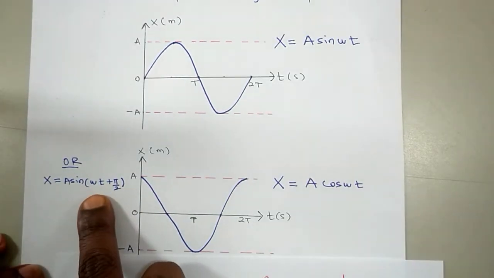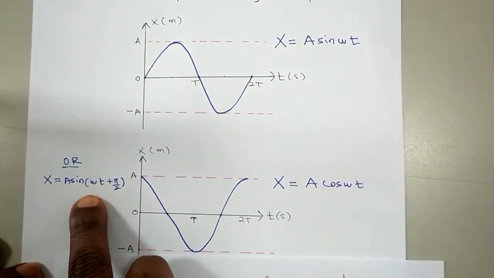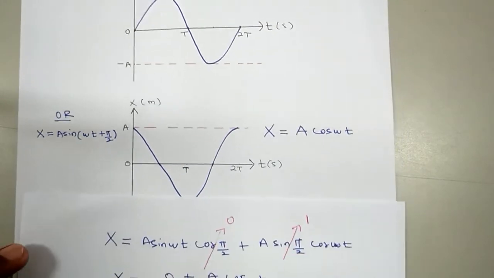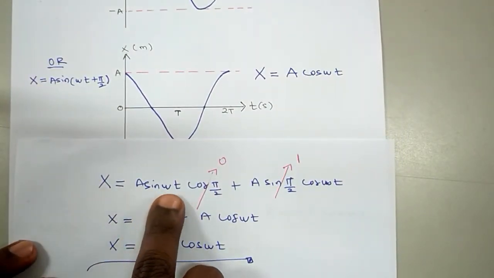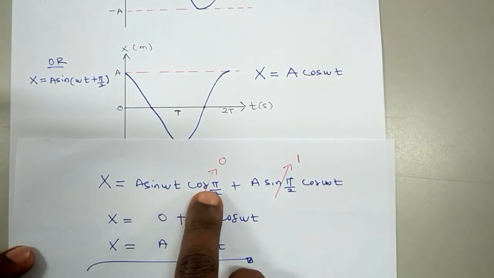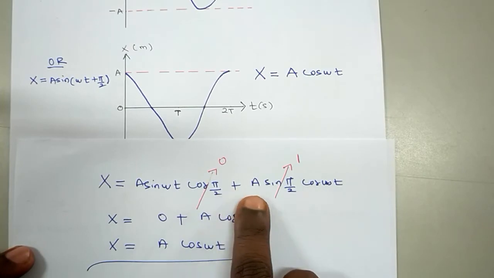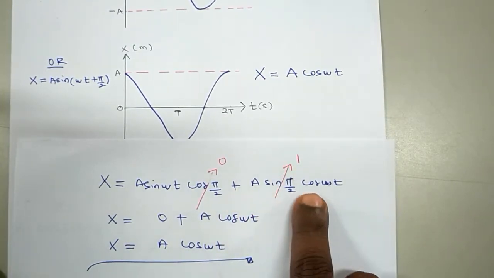When you expand this mathematically using the concept of trigonometry, x equals a sin omega t cos pi over 2, which equals 0, plus a sin pi over 2, which equals 1, times cos omega t.